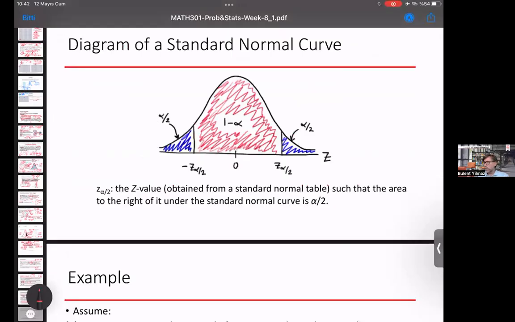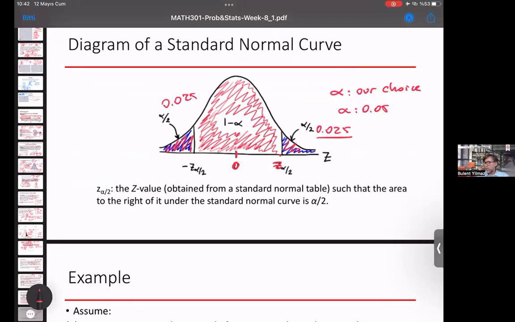Here is my standard normal curve with zero mean. I will have different z values, which we did in the previous hour, and this is z alpha over 2. Alpha was our choice. For example, if alpha is 0.05, this tail will be 0.025 and this tail will be 0.025, since it is symmetric.